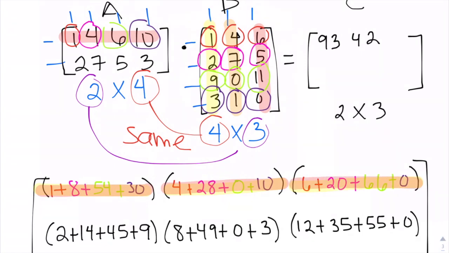Then here gives us 92. Then down here gives us 70. Here gives us 60. And right here gives us 102. And that would be our final answer for matrix C.